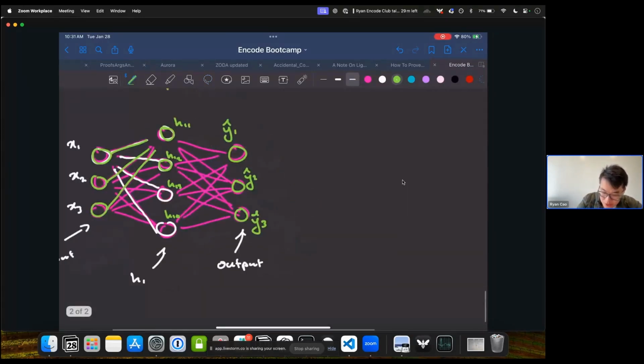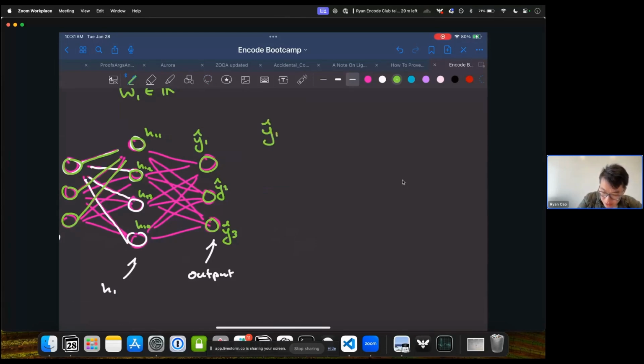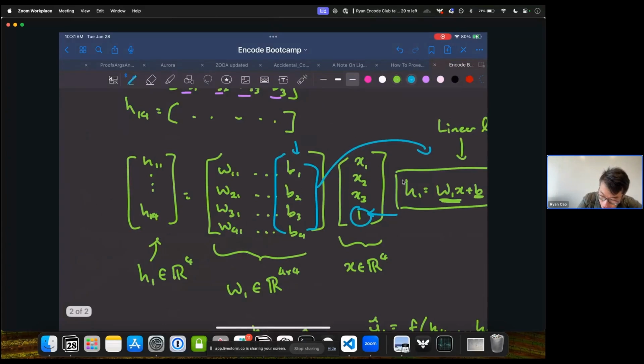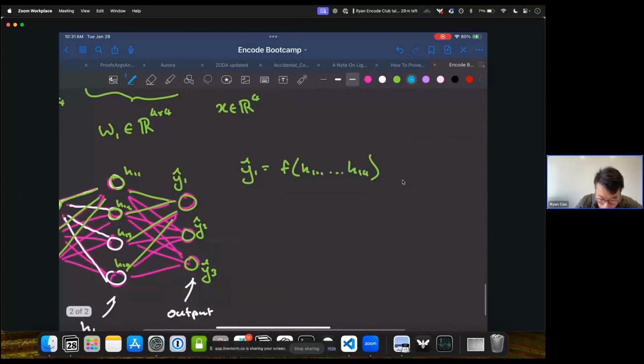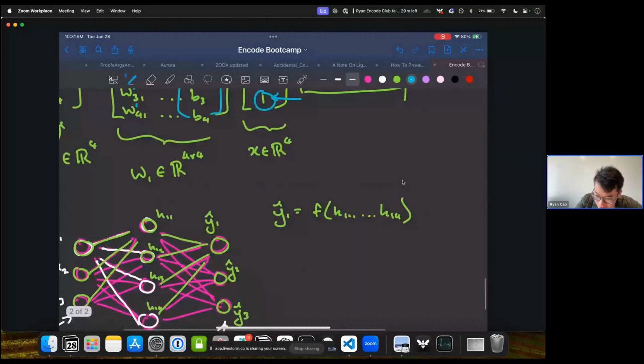Here we see that y hat 1, similarly to before, should equal some function of h11, h12, h13, and h14. In particular, that function will again be the thing with the weights. Technically, all of these weights should have a 1 over them because this is the first weight matrix, and now we're about to do the second weight matrix. Please bear with me on all the indices and notation.